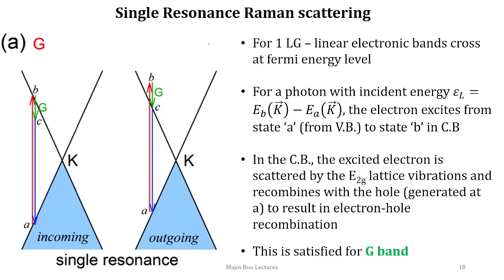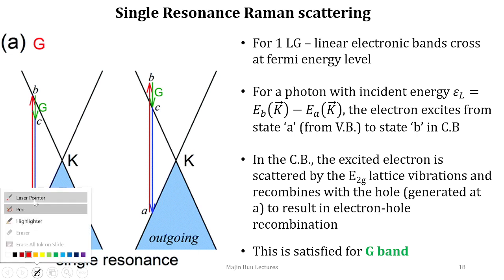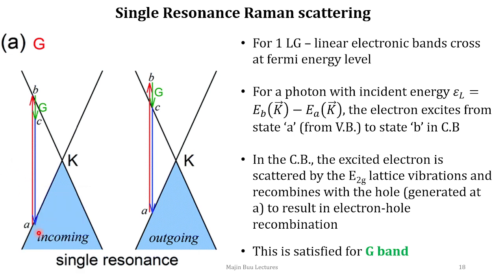So, in case of a single resonance Raman scattering, on interaction of the electromagnetic wave, the electron from the valence band is excited to the conduction band, and the excited electron on interaction with the in-plane lattice vibrations, which we refer to as E2G lattice vibration, results in electron phonon coupling, and it comes to a particular state C, via which it again comes back to A, resulting in the electron hole recombination.